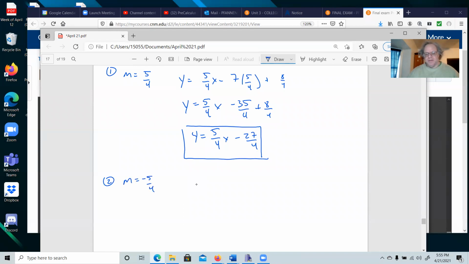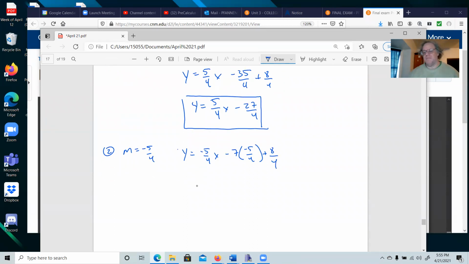So we have y is equal to -5/4 x minus 7 times -5/4 plus 8/4. I just set up the problem first so I can plug in my points. y is equal to -5/4 x, plus 35/4 plus 8/4. Add that together, we should get like 43/4. That's my other line.